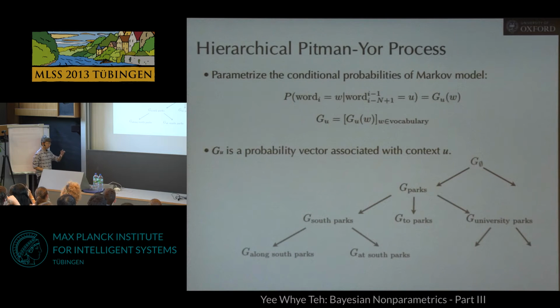Then the question is, if we would like to take a Bayesian approach, what we'd like to do is to place a prior over this set of probability vectors, associate that with a likelihood for our data, and then compute the posterior distribution.